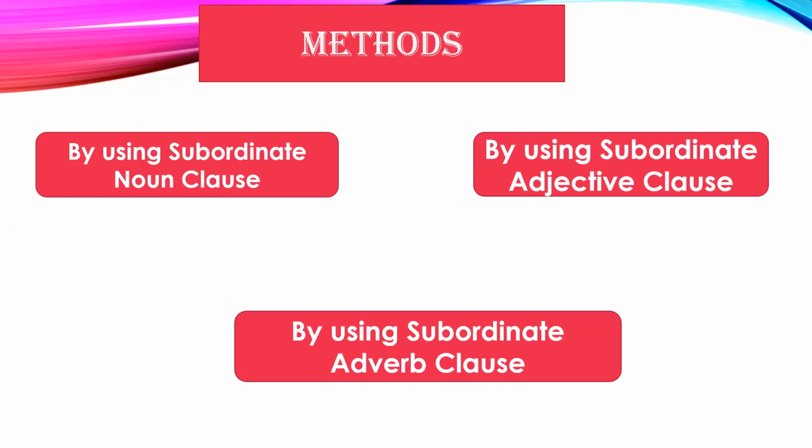If you remember the adjective clause, we had done it. The adjective clause is when you are describing or telling something more about the noun. The adjective clause begins with words like which, who, whom.